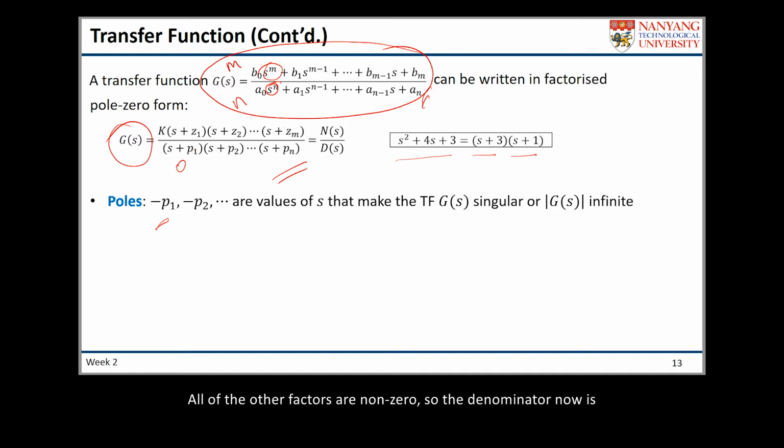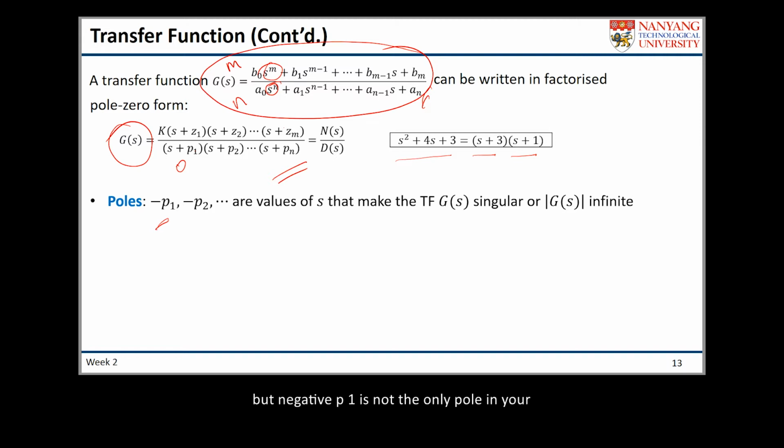So the denominator now is 0 because I multiplied with 0. And any value divided by 0 becomes infinite, right? So your Gs will become infinite if you take s equal to minus p1. So definitely minus p1 is one of the poles.